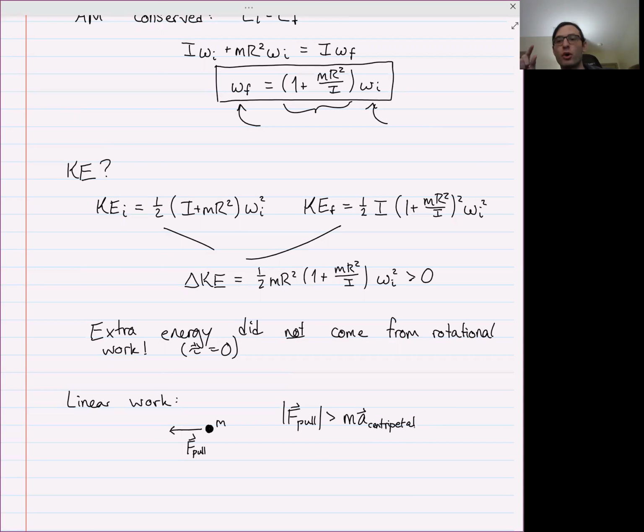That extra force, or rather the net force, let me write it this way. F net has to be slightly greater than the centripetal force that you would expect. You would find the centripetal acceleration has magnitude v squared over r.